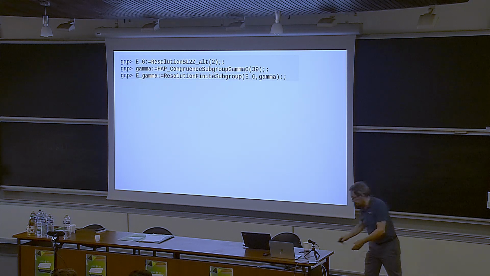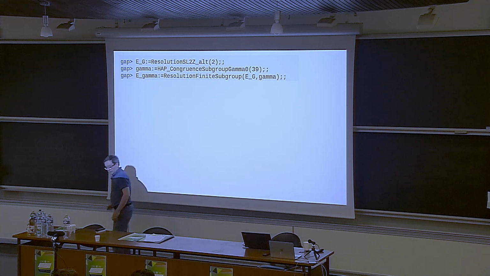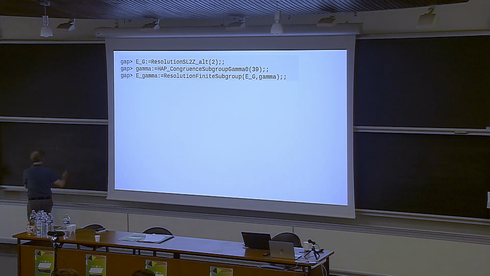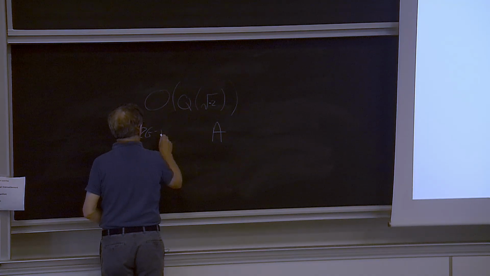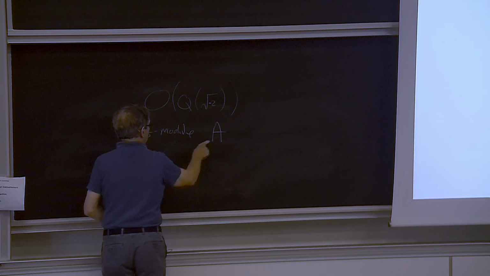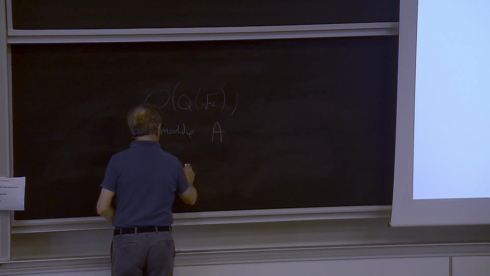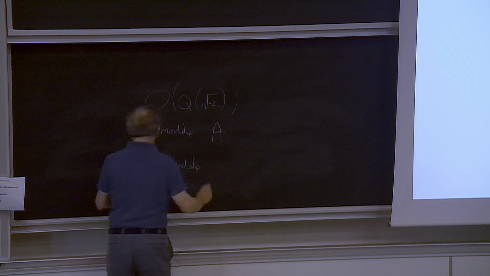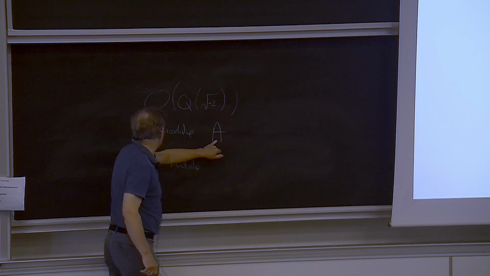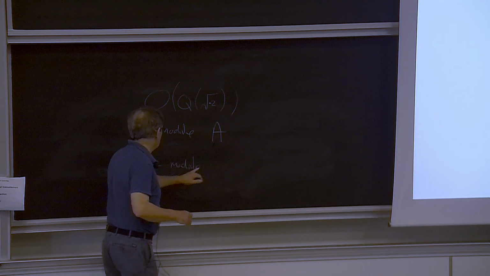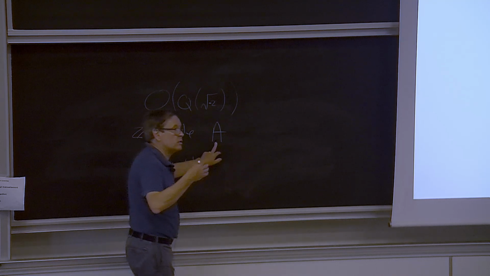If you have a module A, which is a G module, well, it's also a Z Gamma module for any Gamma, a subgroup of G. And if this is a finitely generated ZG module, and if Gamma is of finite index, you can also regard this as a finitely generated Z Gamma module.